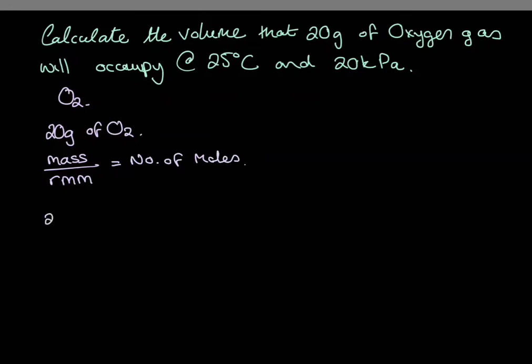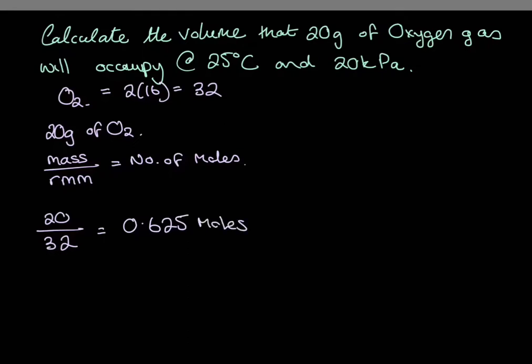So I have the mass, and then the relative molecular mass is 2 times 16, which is 32. And 20 over 32 gives you 0.625 moles of oxygen present in the amount of gas that we have.